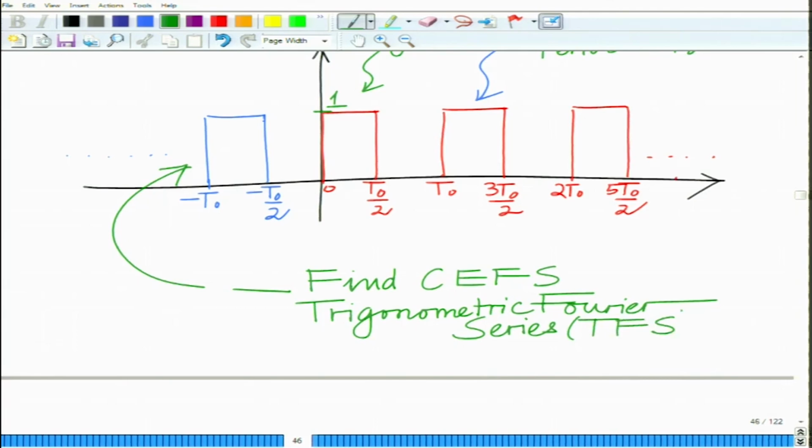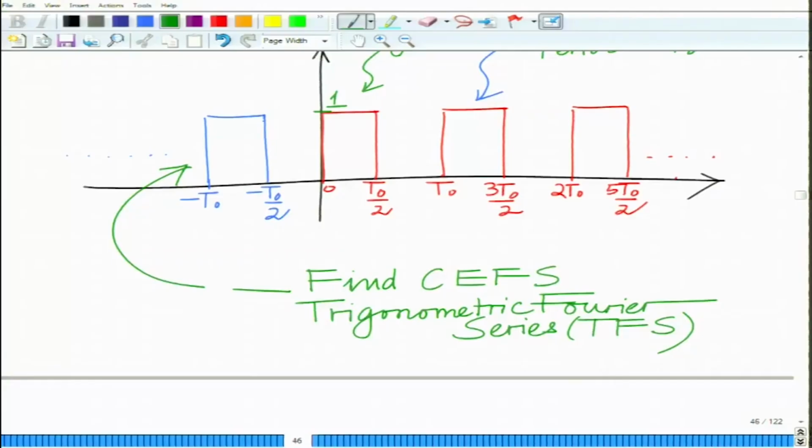We want to denote this by TFS. So we want to find the complex exponential Fourier series as well as the trigonometric Fourier series representation for this periodic square wave, which has square pulses of height 1, width T naught over 2, and fundamental period T naught. Okay, all right.